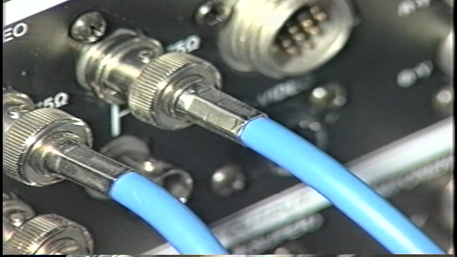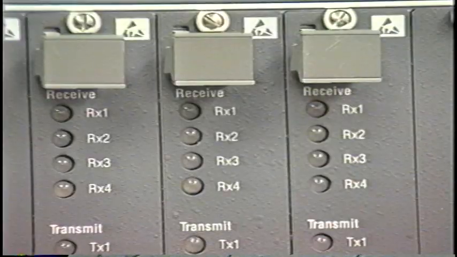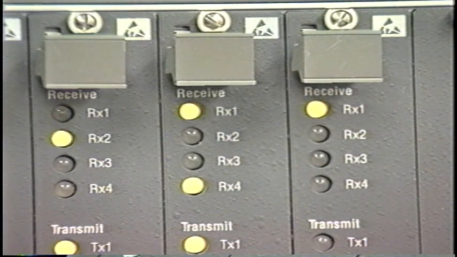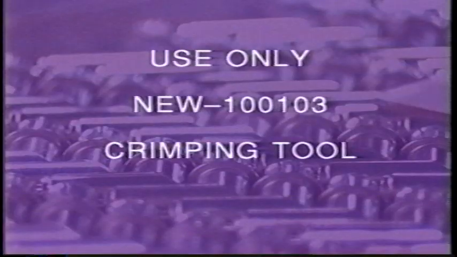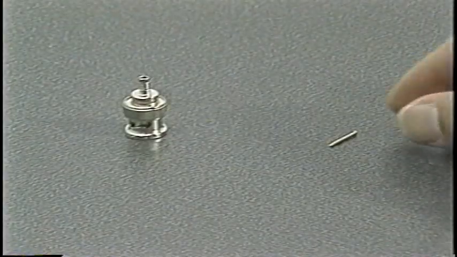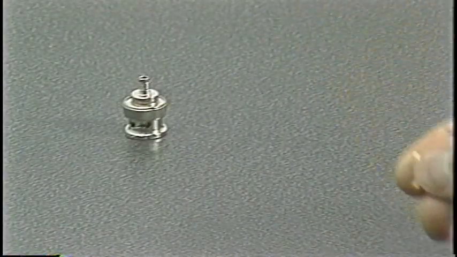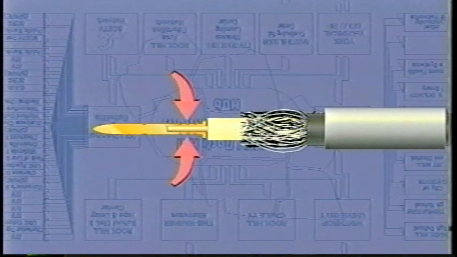Just because a crimped pin appears to be firmly attached to the conductor does not mean that it will be electrically stable for a long time. It is imperative that the correct tool is used. To crimp the center pin, first be sure that the proper pin is used with the selected cable.